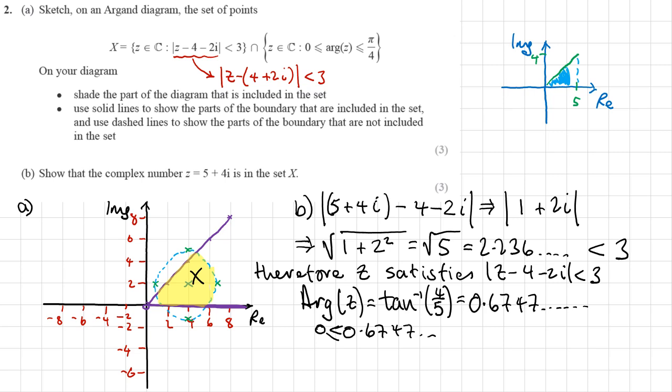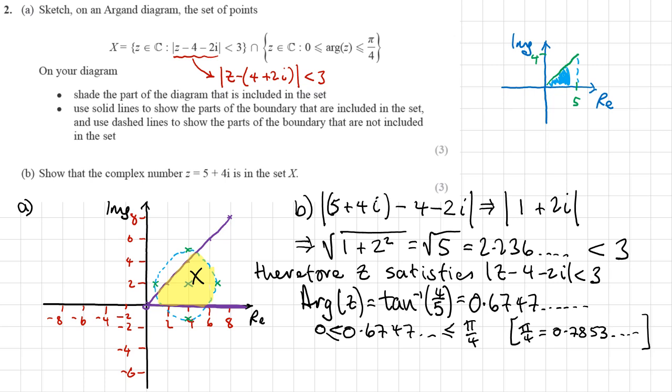I guess one way to do that is to work out what pi over 4 is as a decimal. That's 0.785 something. So it's less than or equal to pi over 4. So I'll just put in brackets here that pi over 4 is 0.7853, so there's no ambiguity here. So it satisfies the second one.